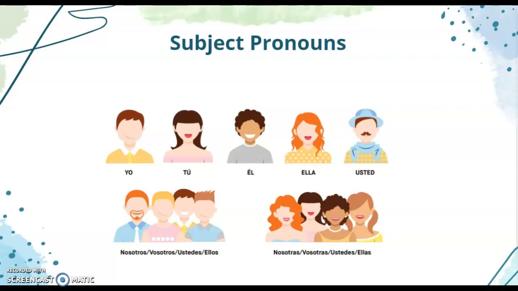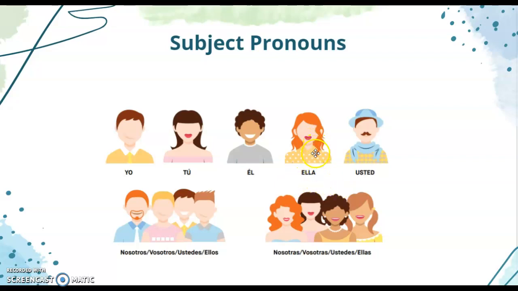Yo is a word that you'll use quite often. Yo means I. Tú means you, and you're going to use the word tú to mean you if you're talking to a friend or a sibling, someone informal. Él means he.